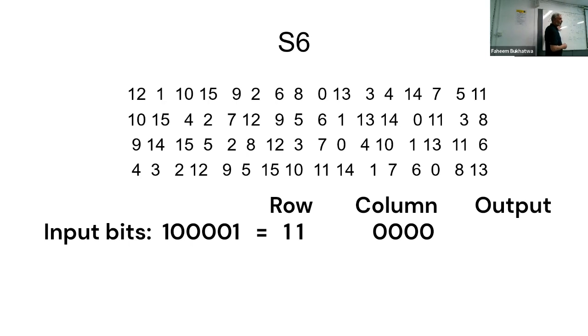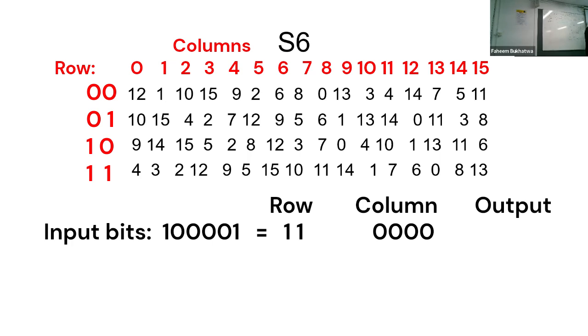So what output will come out of this? This is row 1 1. Where is row 1 1 in this S box? That's row 0 0 0 0 1 1 0 1 1, row number 3. 0 1 2 3. So the input will decide what value comes out of the S box.